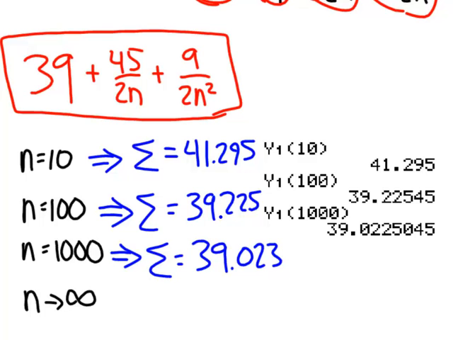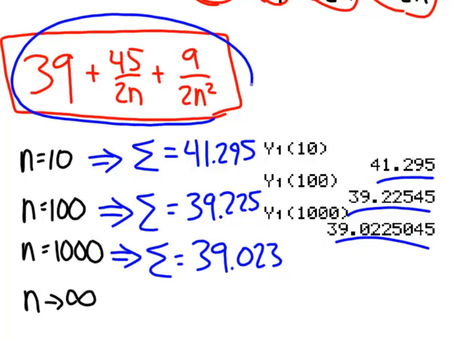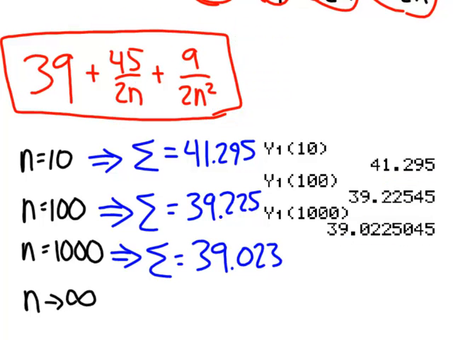And finally, as I cram more and more rectangles, not only does this appear to be leveling out to 39, but even more compelling, look up here, and we can tell as n goes to infinity, these two terms will disappear, will zero out, and we'll get just 39. All right, good stuff.